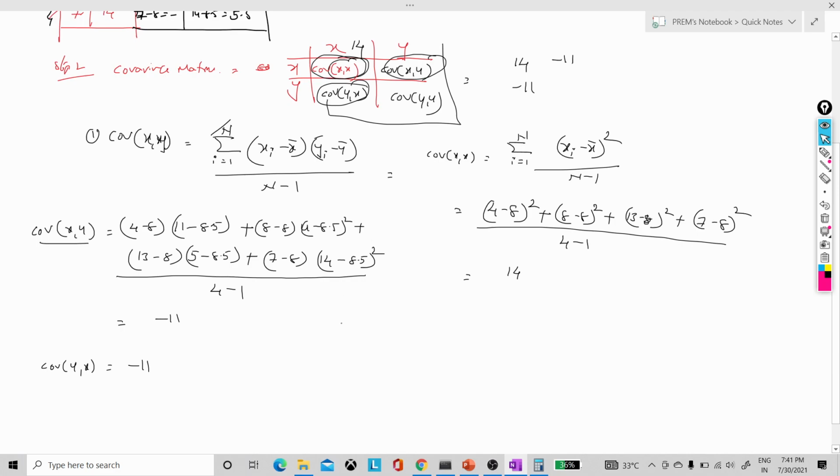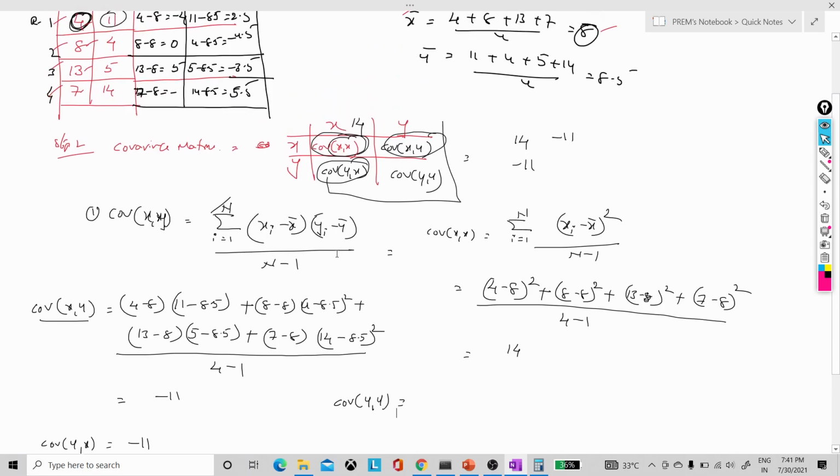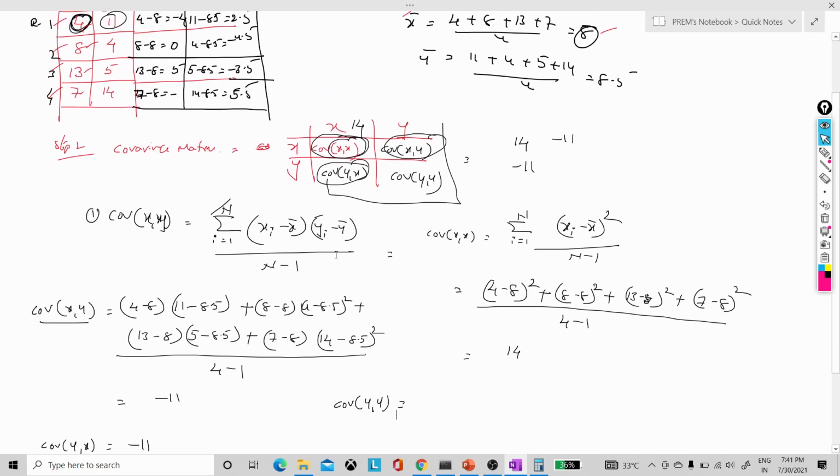And we have to calculate the covariance of y comma y. How do we calculate it? 11 minus 8.5 whole square, 4 minus 8.5 whole square, 5 minus 8.5 whole square, 14 minus 8.5 whole square, divided by 4 minus 1, which is 3.